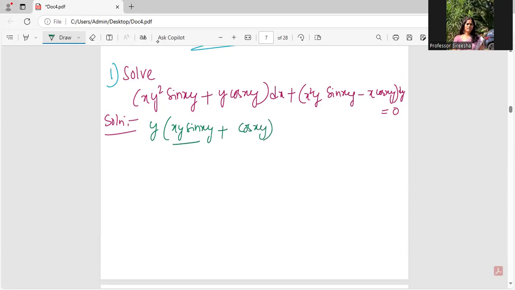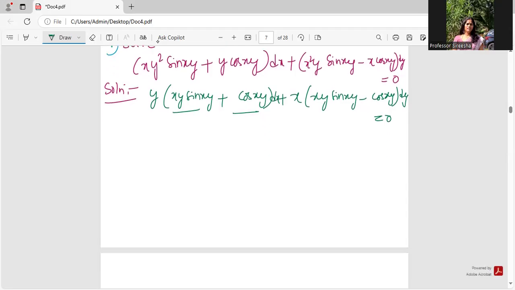Whatever functions are there, they are all functions in xy only. Similarly, if I take x common, into dx, x common, xy sin xy minus cos xy. Clearly, it's obvious that I can apply the second integrating factor type, provided it's non-exact.